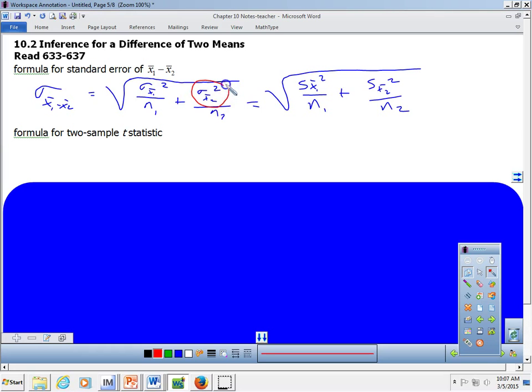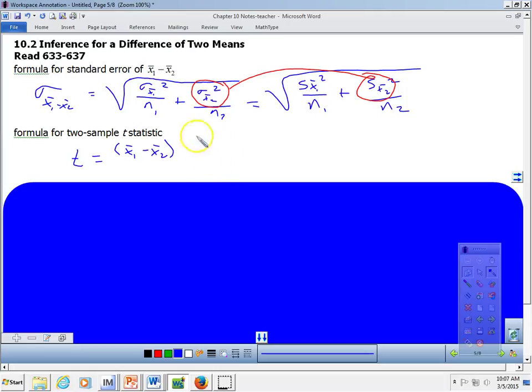Because we went from using sigma to using the sample standard deviation, just like what we were talking about in our one-sample stuff. So what does that look like in our two-sample stuff? So we're going to have to get into a t-distribution again. Our two-sample t-statistic would look like, right, we have to have our difference of our samples, right?